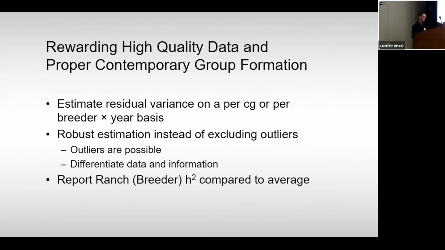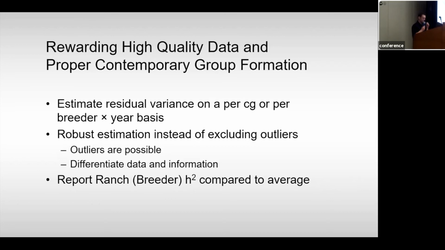So both what you report with the EPD and having better quality data to make your own selection decisions within your herd. And so we suspect there's quite a bit of variation in data quality between breeders, and that should be estimable. And we think it's a change to the genetic evaluation system. It's not trivial, but we think it's something we should be aiming for in the longer term.